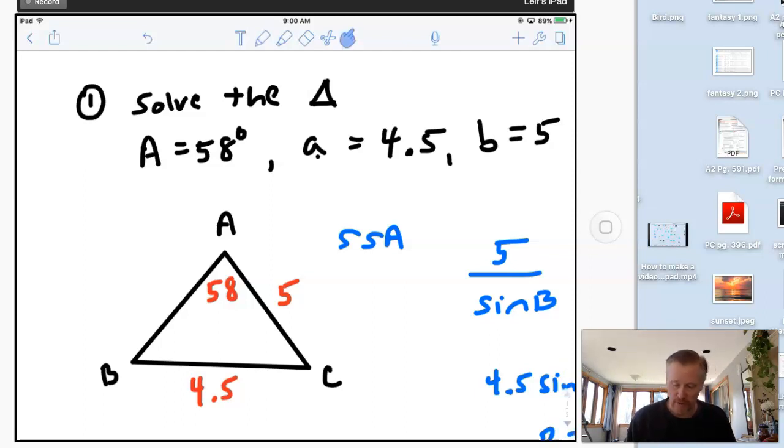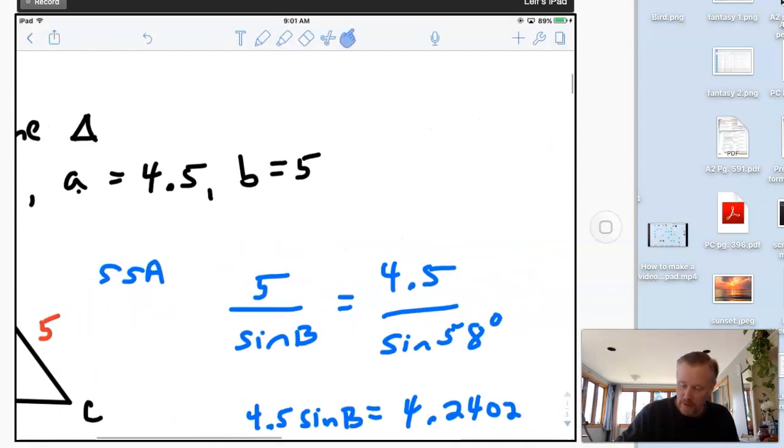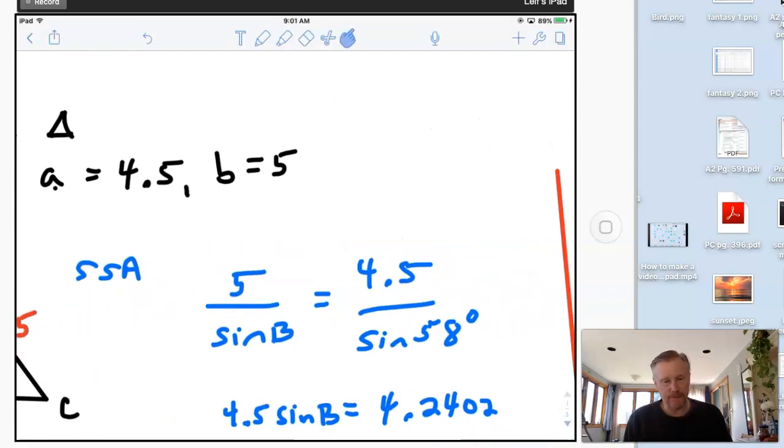So for me to solve this, 5 will be B over the sine of B, and A over the sine of angle A, which of course is 58 degrees. If I set that up like this, and then cross multiply and solve, I get 4.5 times the sine of B equals 4.2402, okay?